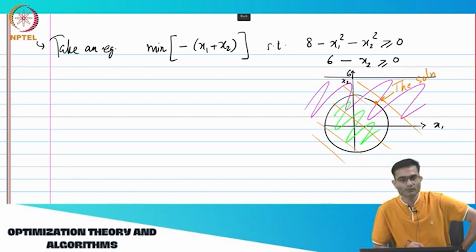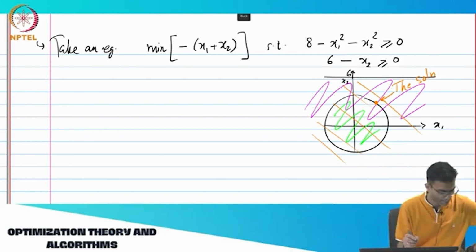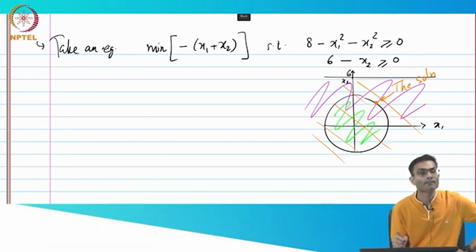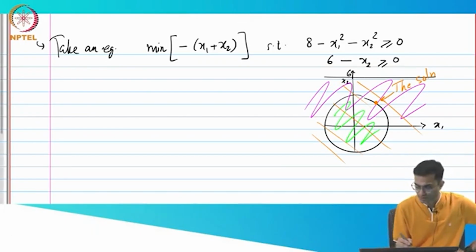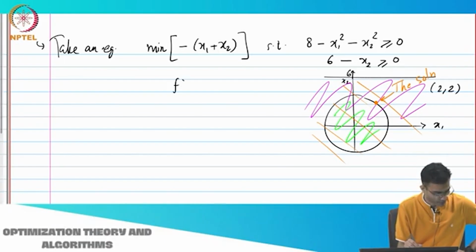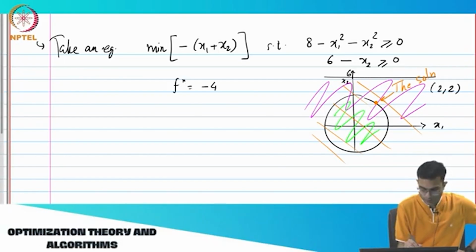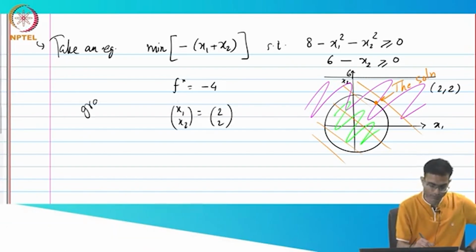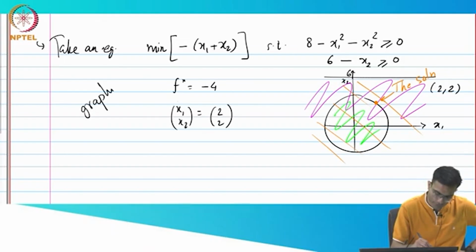What is that minimum value? Minus 4, right? Because this point has coordinates 2, 2. Therefore, f star is equal to minus 4 and x1, x2 is equal to 2, 2. This is just graphically, we didn't solve any Lagrangian to get it.